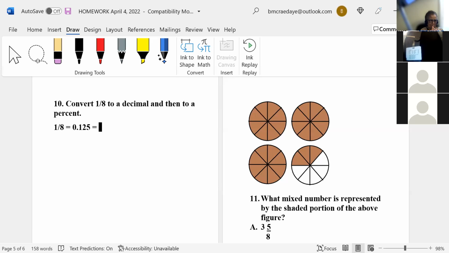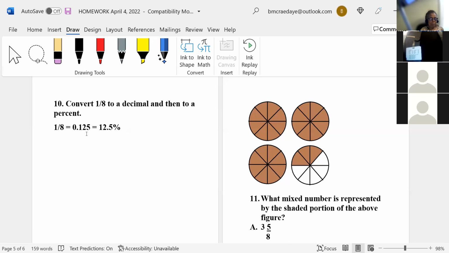I think it's 1.25. No, it's two places. It's 2.5%.